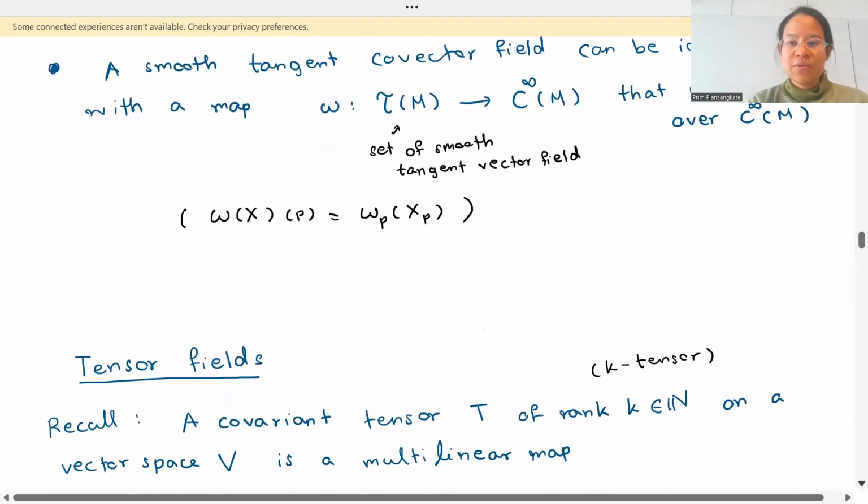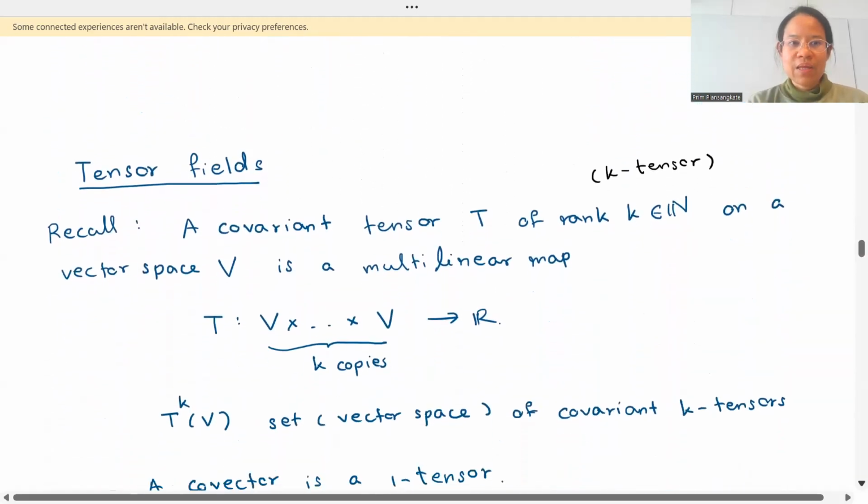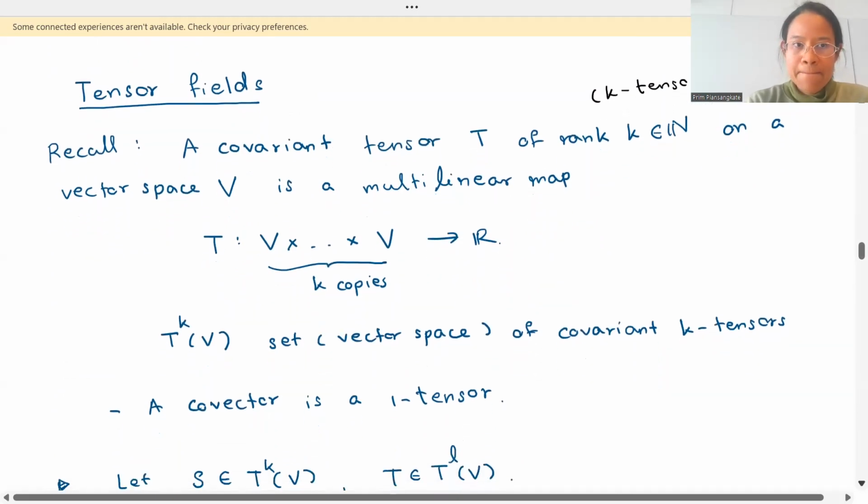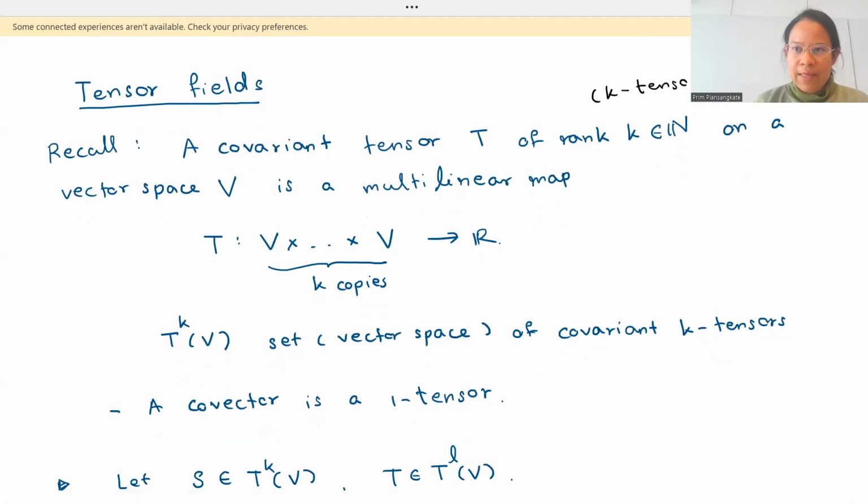So we have vector fields and covector fields. Now we extend to tensor fields. There are different types of tensors, but in this lecture I will concentrate on covariant tensors.